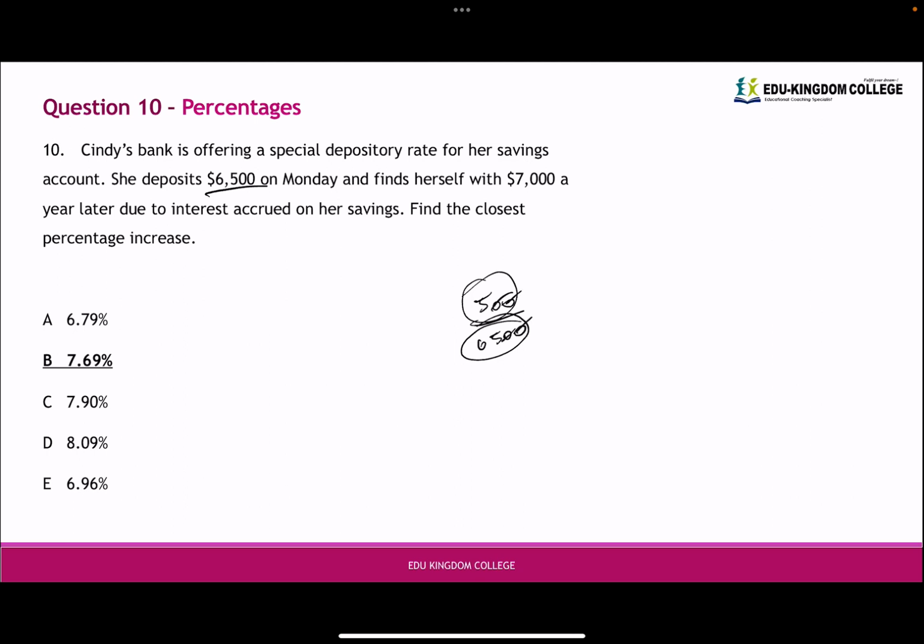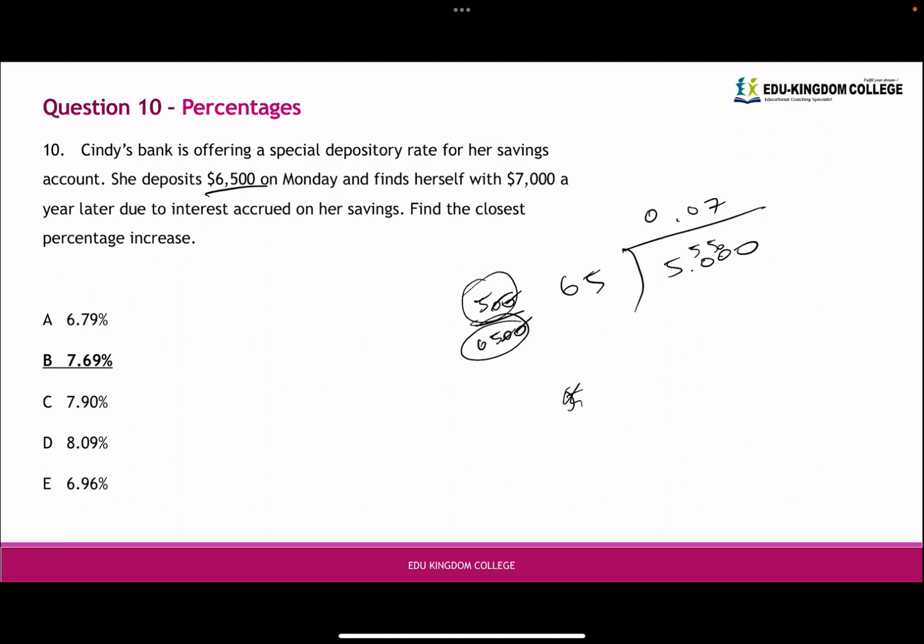Now we can cancel the zeros out. So we should get 5 divided by 65. That's what our fraction represents. So 65 goes into 5 0 times. 65 goes into 50 0 times. 65 goes into 500 7 times.